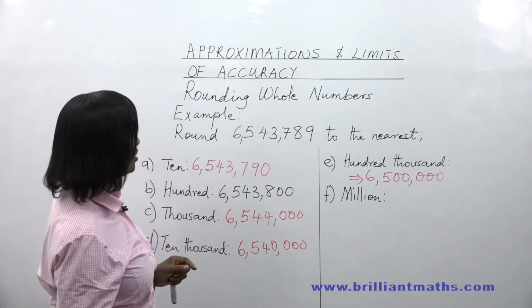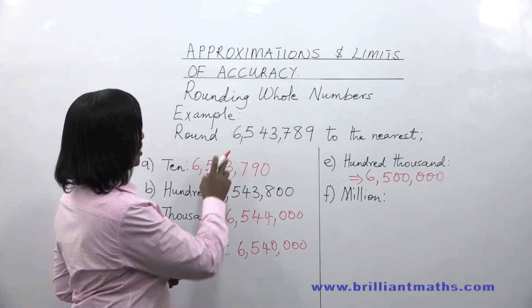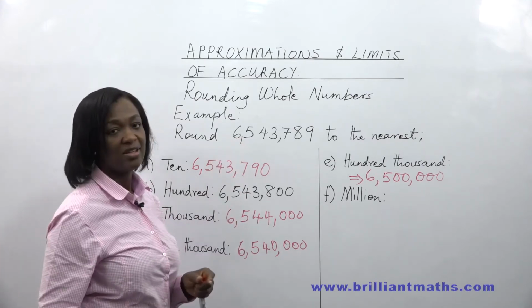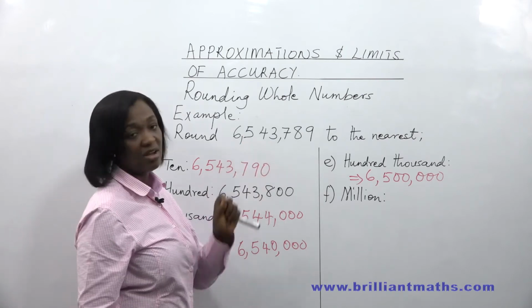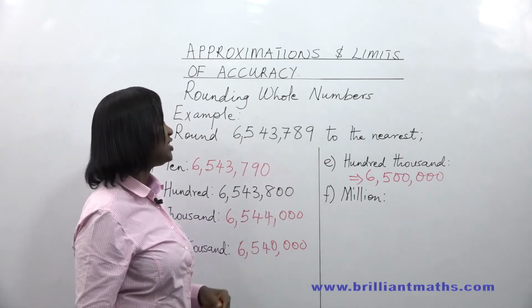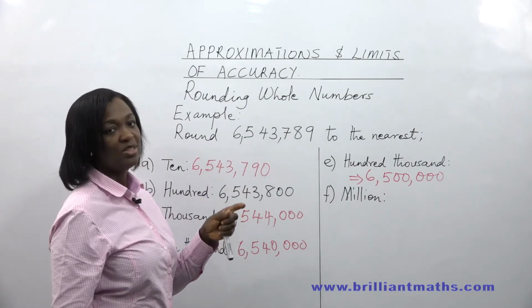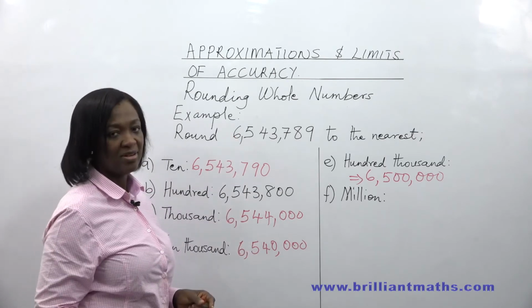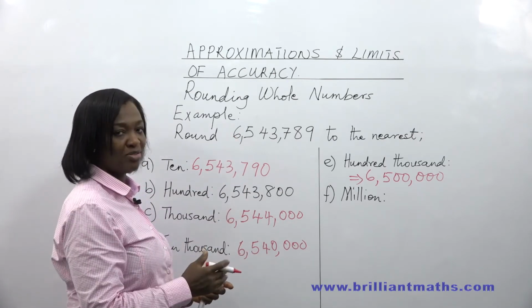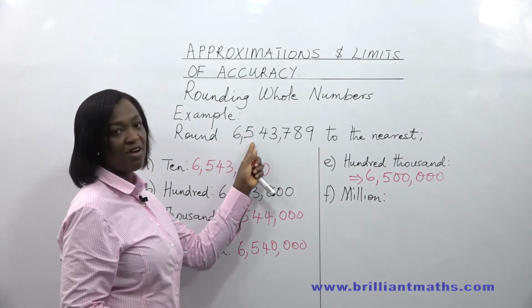And for the last one, we're rounding to the nearest million. The digit there is 6. 6,543,789. 543,000 is more than halfway between 6 million and 7 million. So it rounds up to 7 million. Or you could say the next digit is a 5.